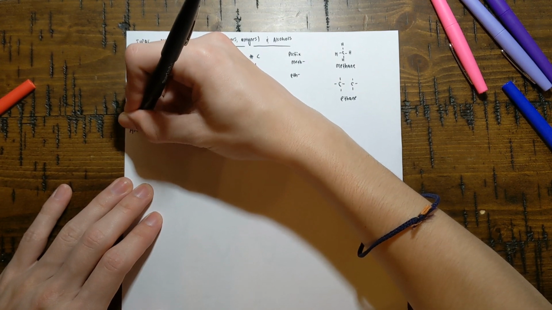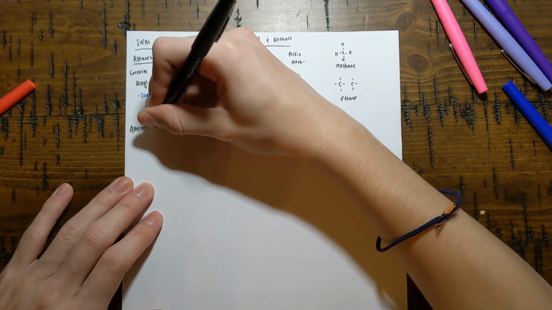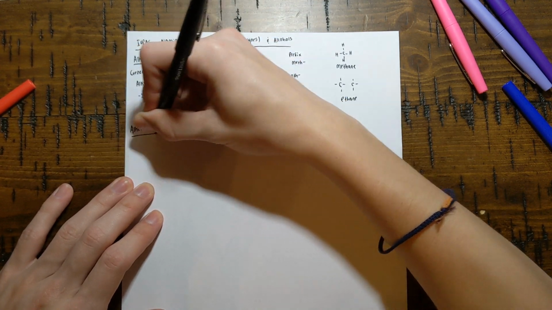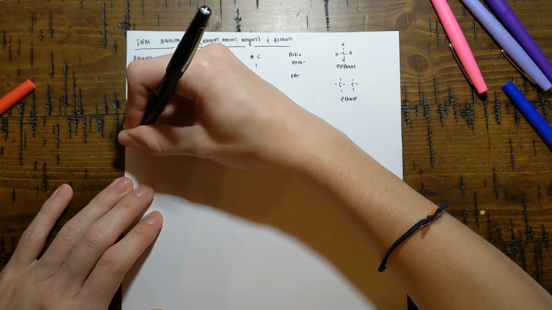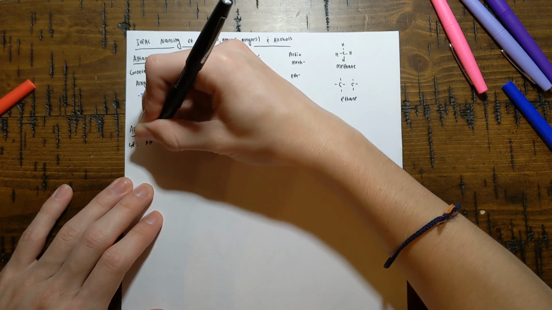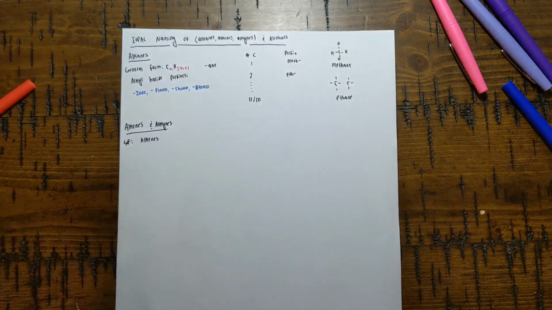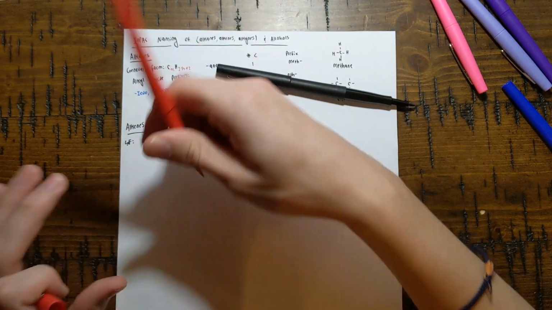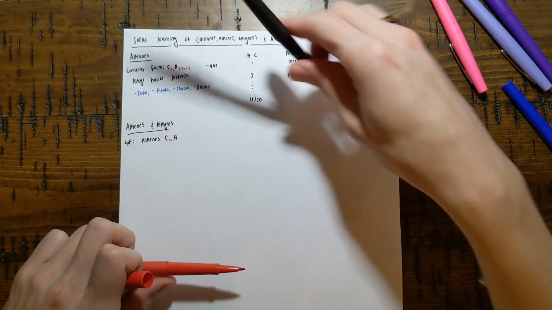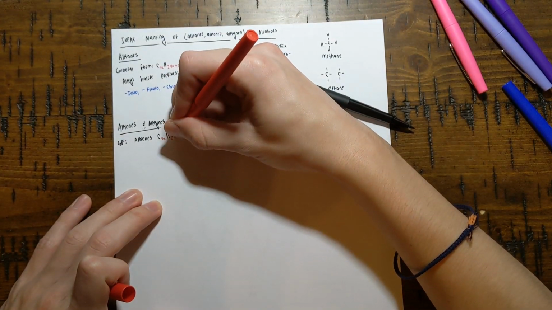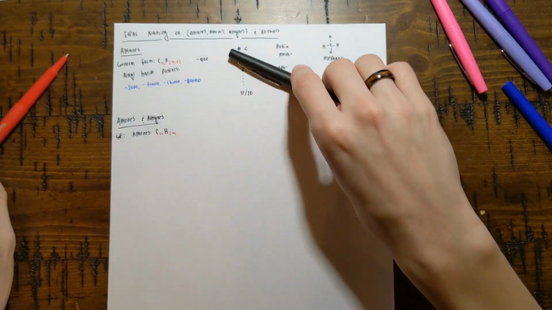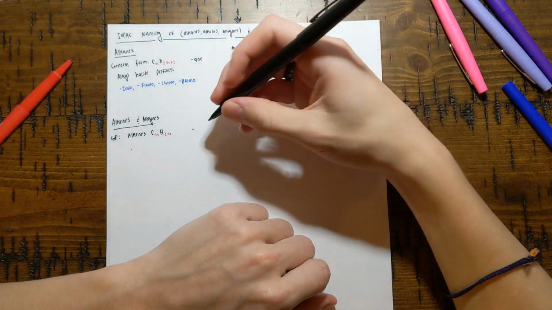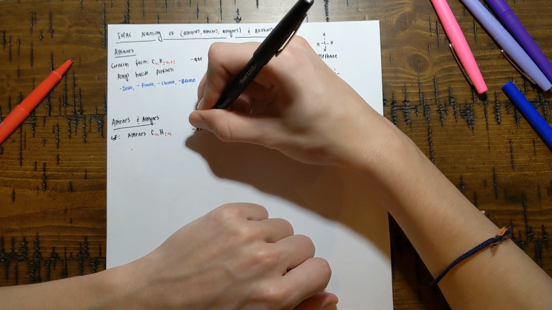Alkenes and alkynes, also decently straightforward. I'll go over them real quick. So the general formula for alkenes is CnH2n. The general suffix for alkenes is -ene.